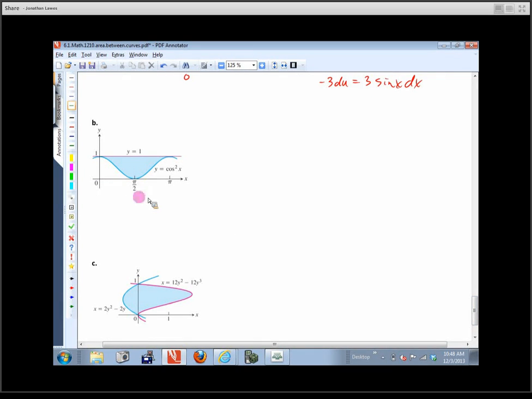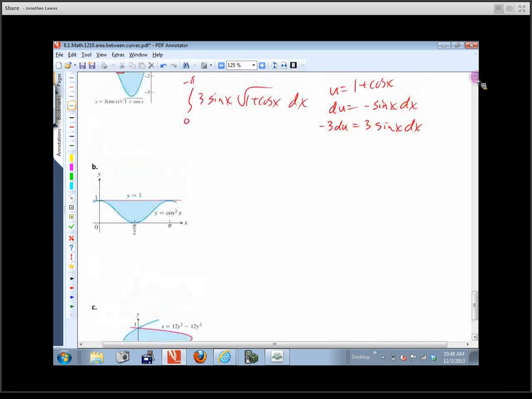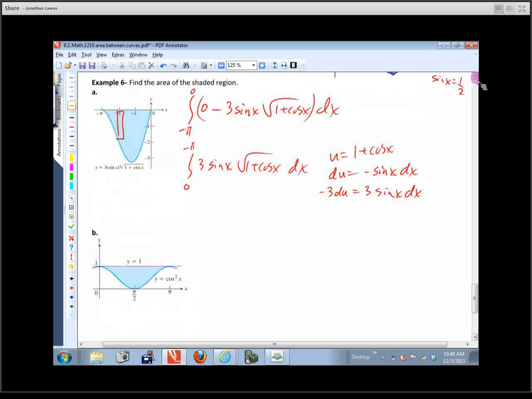Okay, would you set one up for that one? Representative slice. Same function on the top and bottom the whole time.